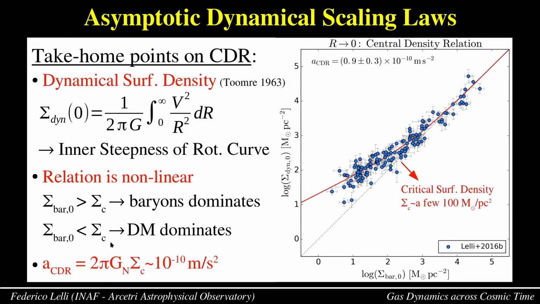And it's also interesting to note that this critical surface density, by dimensional arguments, is again an acceleration scale. You may simply multiply by 2 pi the gravitational constant, and you get again a value of the order of 10 to the minus 10 meters per square arc second, albeit this number plays a very different physical role with respect to the normalization of the Tully-Fisher.